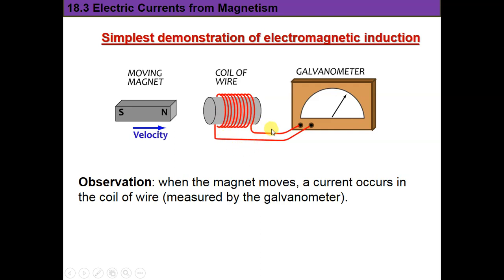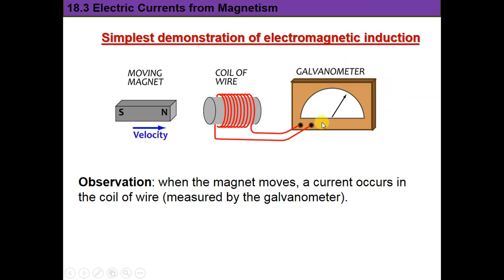This coil of wire is not connected to any source of electricity, no battery, no power supply, so nothing is providing current. It's only connected to a galvanometer.